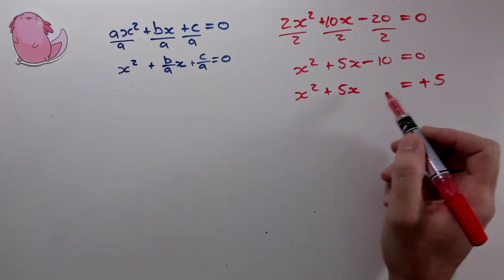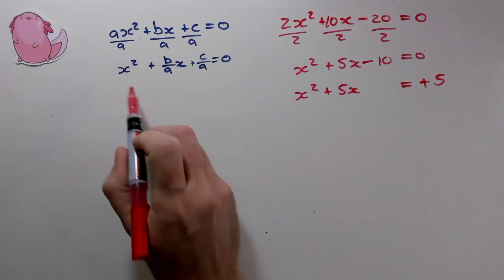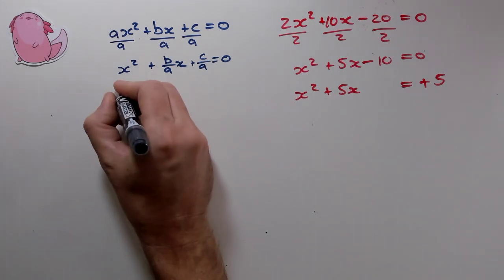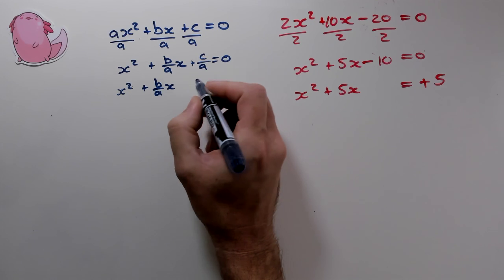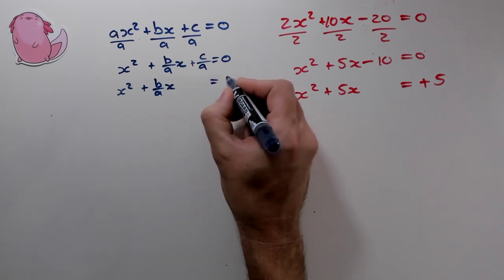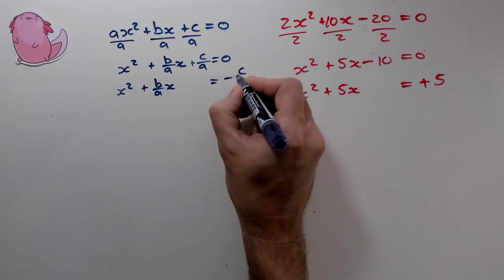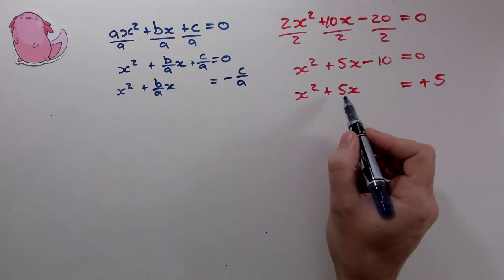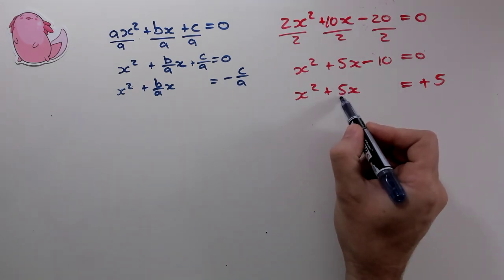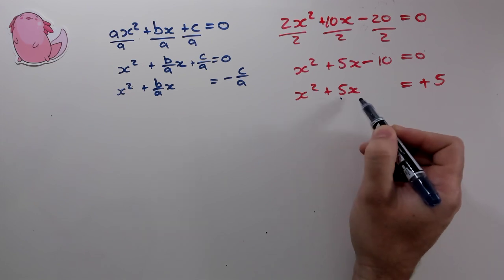Cool. So we'll just move that over. So I'm going to do the same thing here. I'll just do x squared plus b over a x, and then that is equal to, here it's okay, minus c over a.